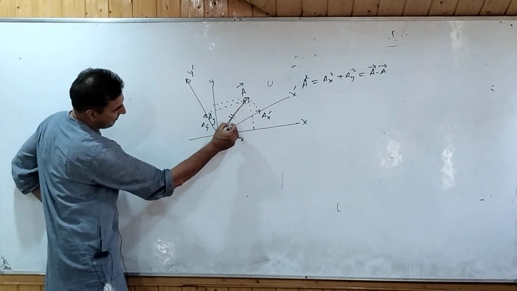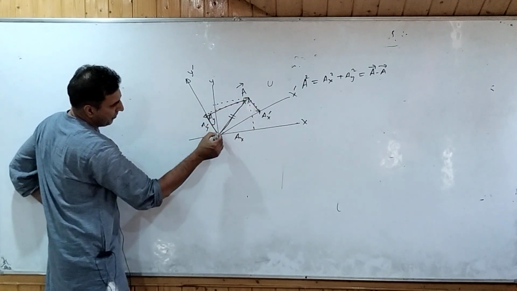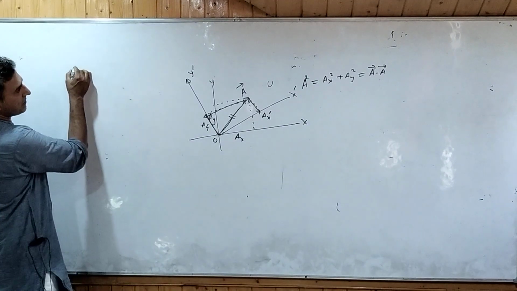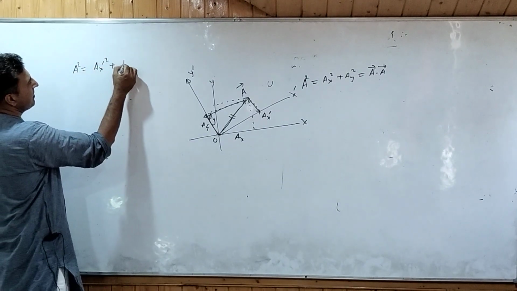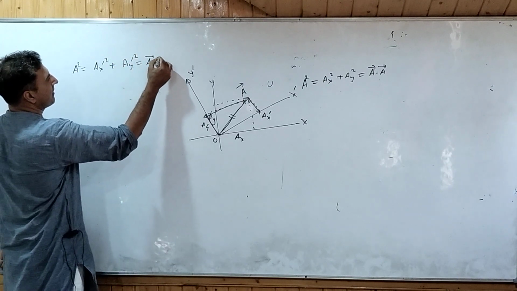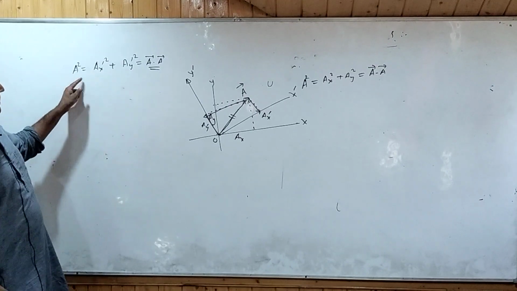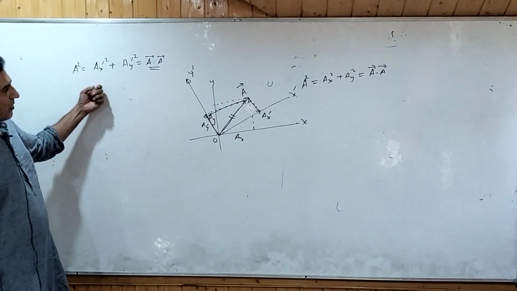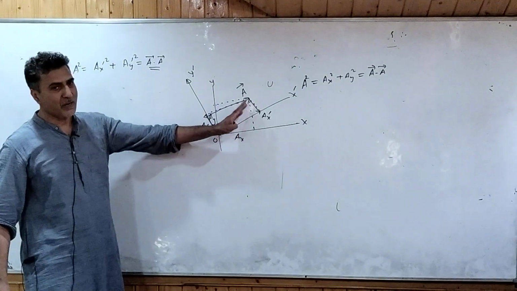Now it has this component and this component. So again this vector A square is equal to ax prime square plus ay prime square. It is again A dot A. So in the new prime system, it has the same magnitude. So that means magnitude square or A dot A remains invariant under the rotation of coordinate system.